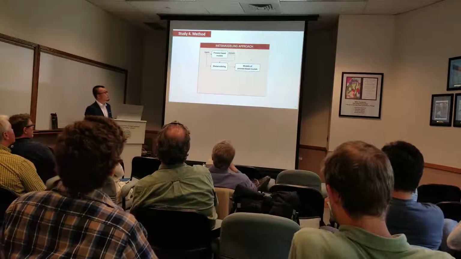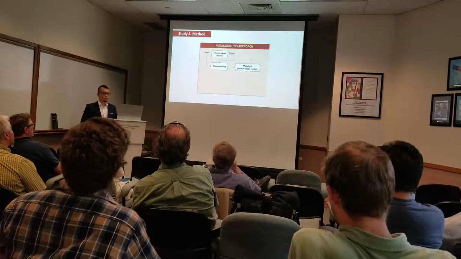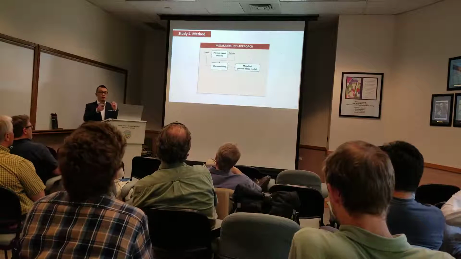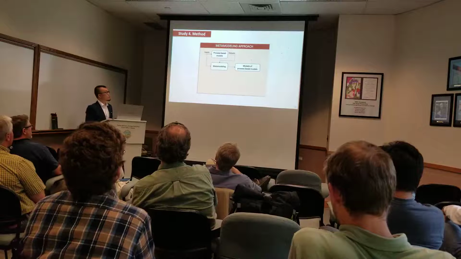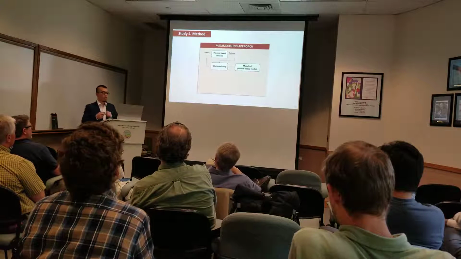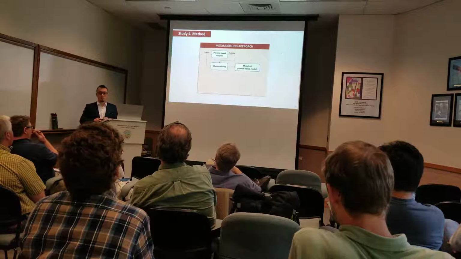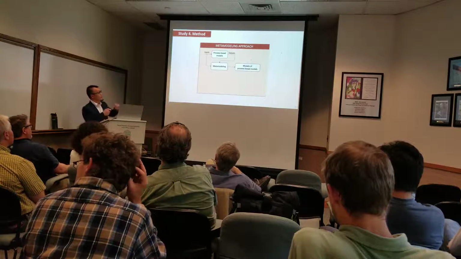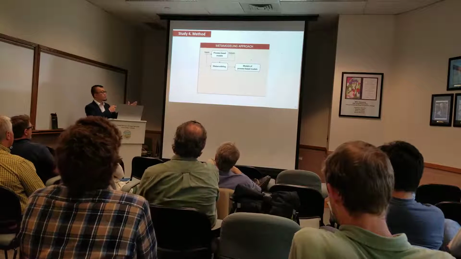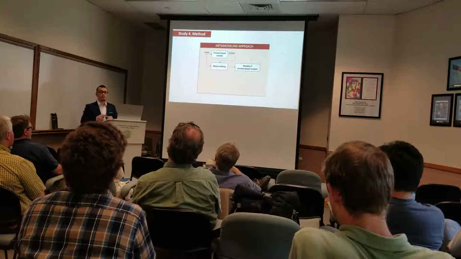And here's some quick information about the meta-modeling approach. In a nutshell, meta-modeling is building a cost-effective, simplified model, a surrogate model, of the detailed process-based models by identifying and then representing the relationship between inputs and outputs of the detailed models.